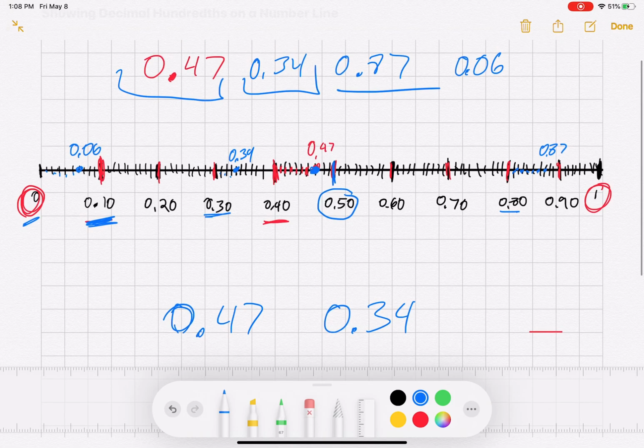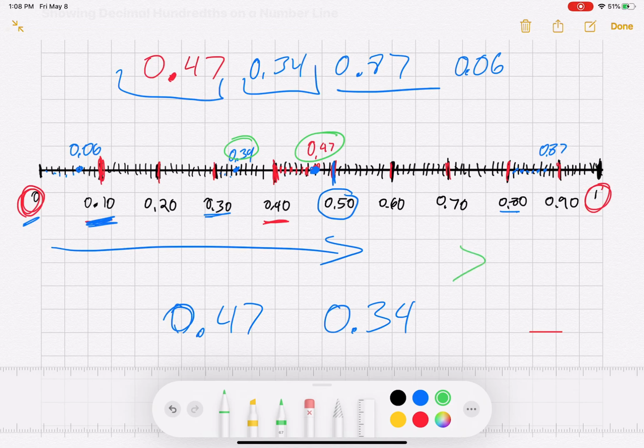If I am unsure, I can look on my number line. Okay, so never be afraid to draw something out. I highly always encourage that. Okay, so there's 34 hundredths and there is 47 hundredths. So clearly 47 hundredths is bigger.